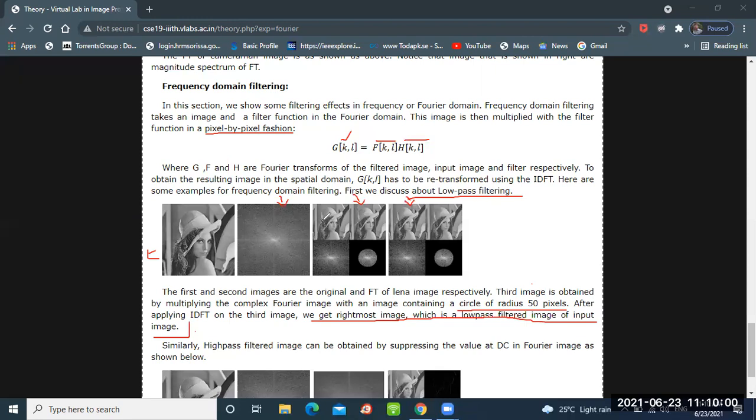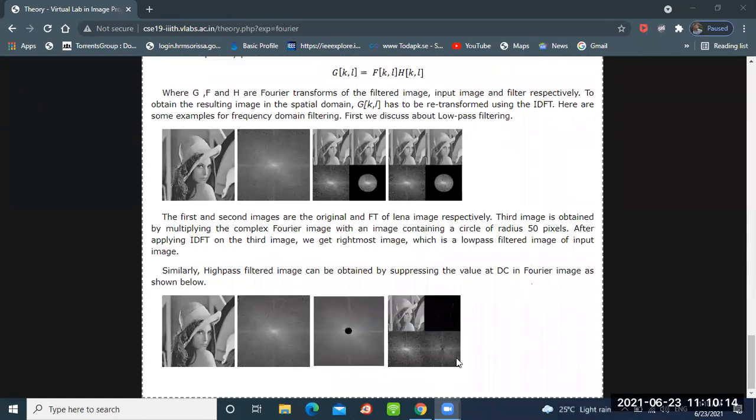Once I convert this with the IDFT, I will get my image in this manner. So this is my low pass filtered image.